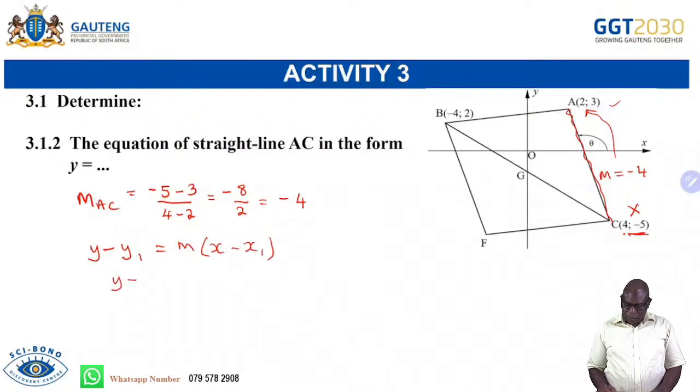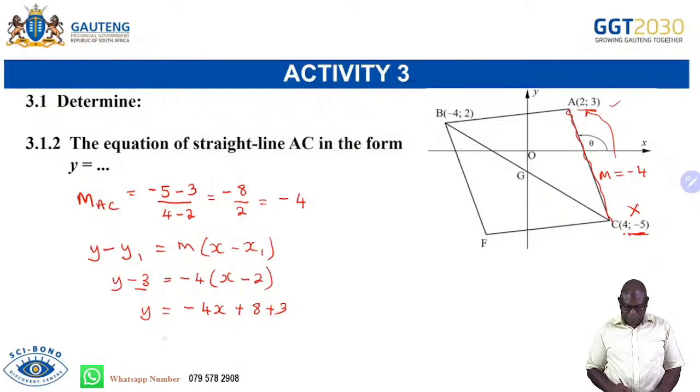Y minus 3, using this point here, no problem with the sign. The gradient is negative 4, times x minus 2, no problem with the signs. I'll just deal with the signs when I'm multiplying. Minus 4x plus 8 plus 3. I've just transposed this one. So the equation will be y equals negative 4x plus 11.